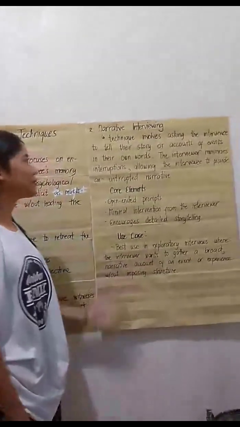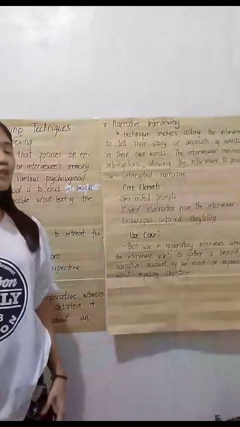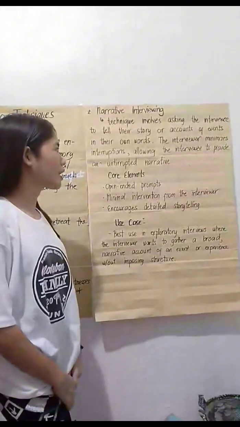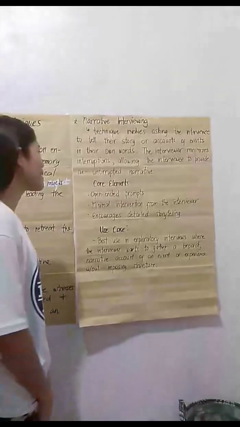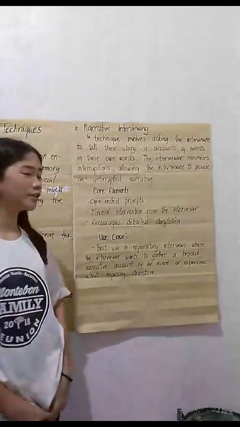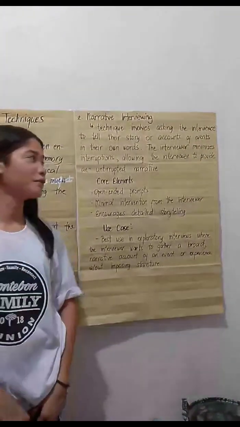Next is narrative interviewing. It is a technique that involves asking the interviewee to tell their story or account of events in their own words. The interviewer minimizes interruptions, allowing the interviewee to provide an uninterrupted narrative.